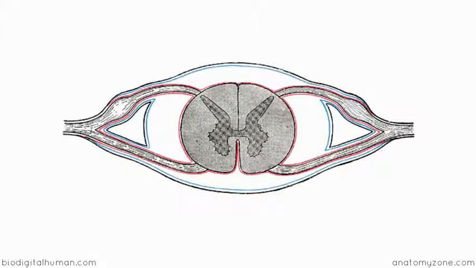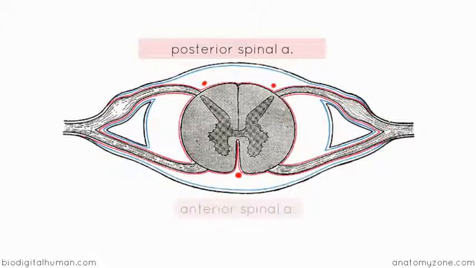So posterolaterally you've got the posterior spinal arteries, and anteriorly in front of the ventral median fissure or anterior median fissure you've got the anterior spinal artery. And then you've got the segmental arteries given off by different arteries. So we talked about the thoracic level, so they were given off by the posterior intercostal arteries.